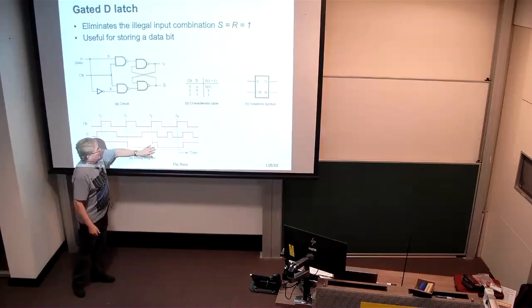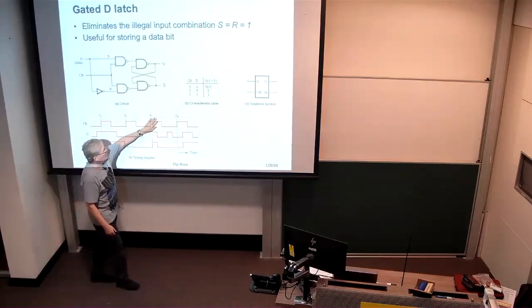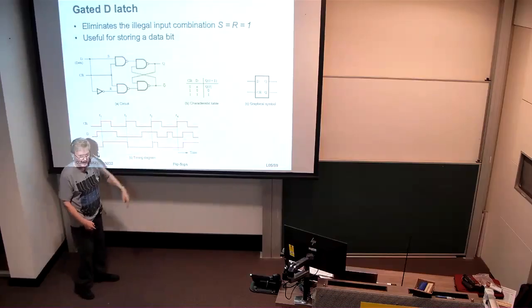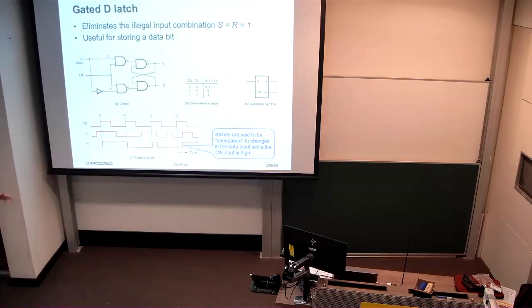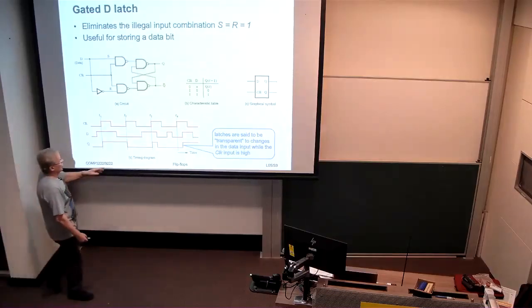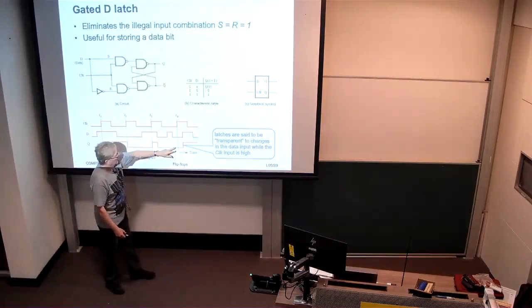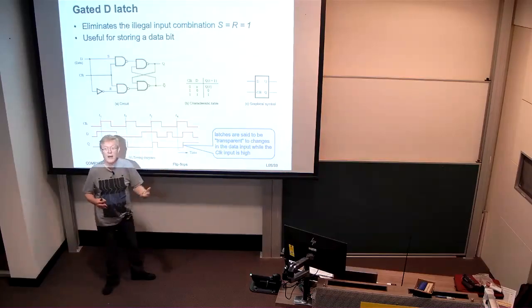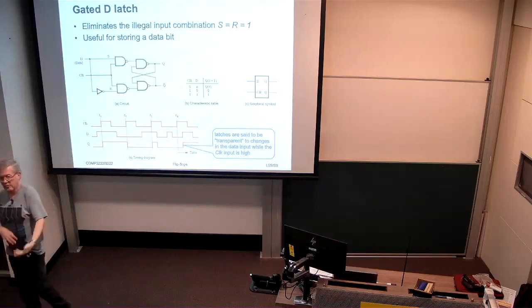Notice here in this region, T3, while the clock is high, D changes, and as a consequence, the output also changes. So we say that latches are transparent to the clock. While the clock is high, whatever happens on the D input gets reflected in the output.